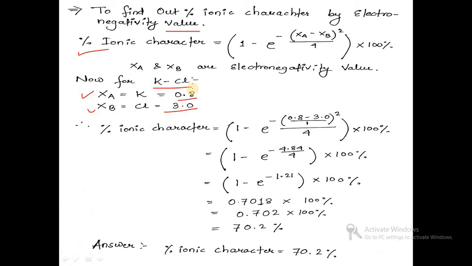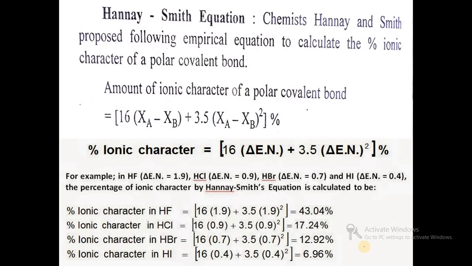By substituting these values in the above equation and solving step by step, the percentage ionic character in KCl is 70.2%. So by using the Pauling equation, we can determine the percentage ionic character present between two atoms.